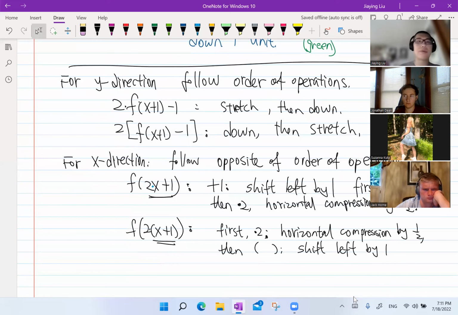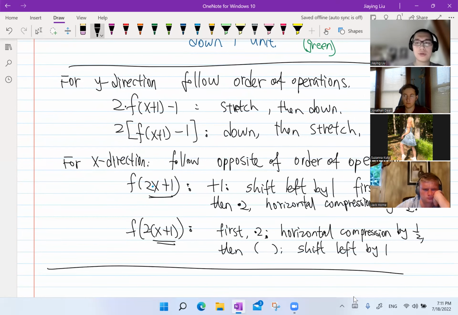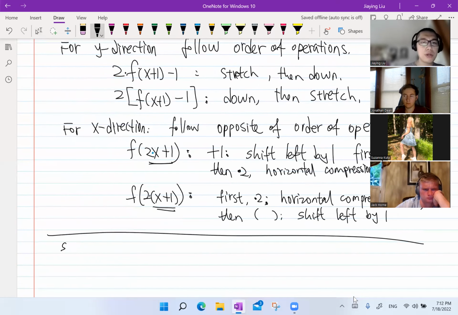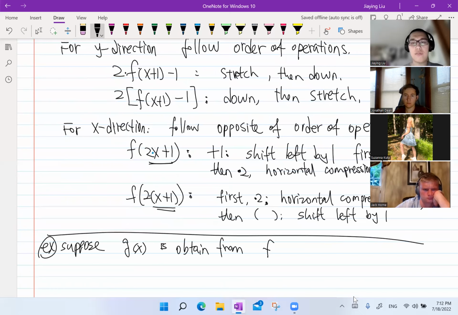All right. So let me give you one example. Suppose g of x is obtained from f of x through the following transformations.